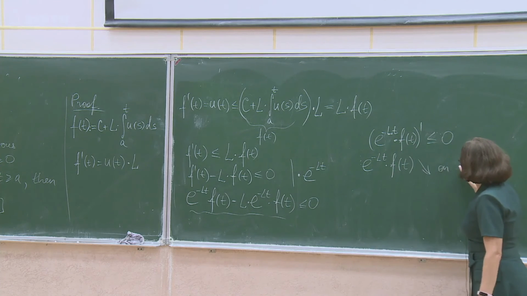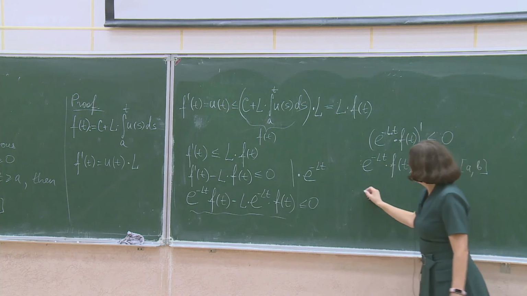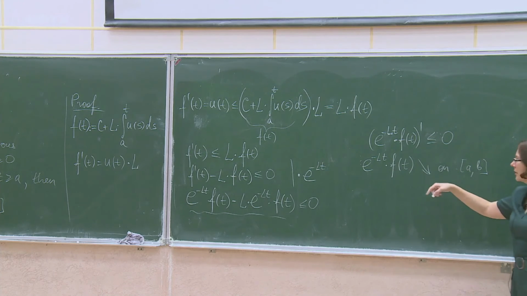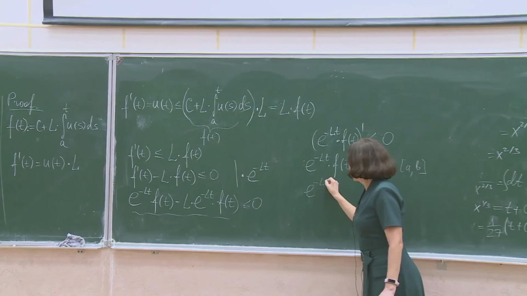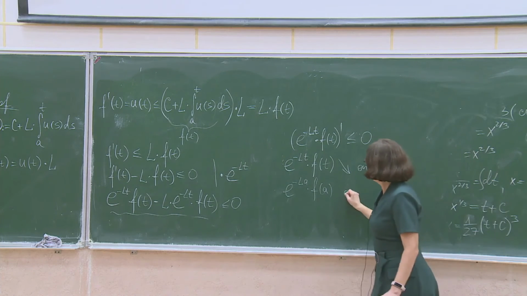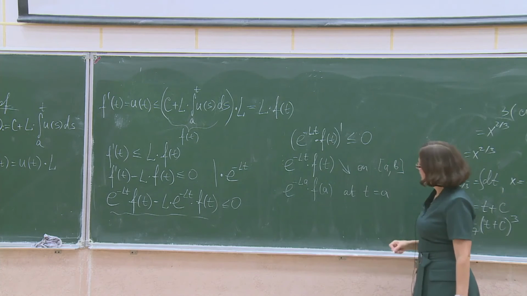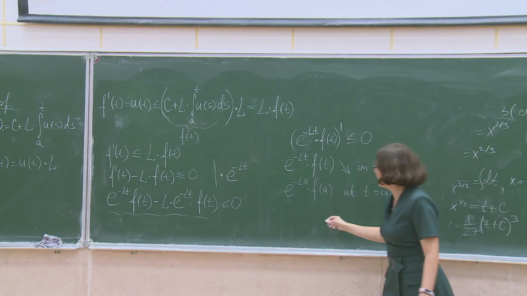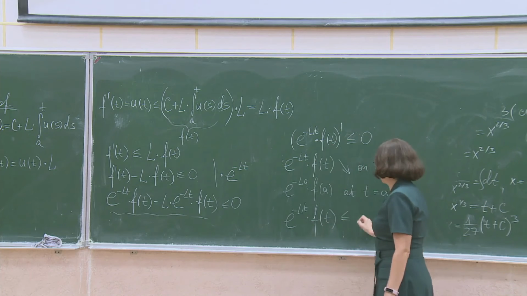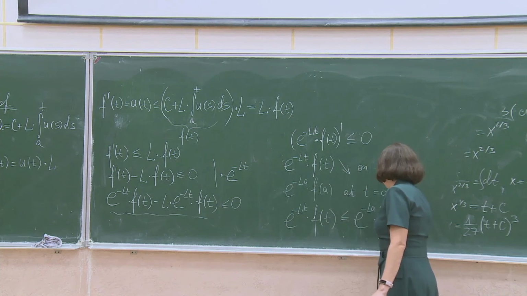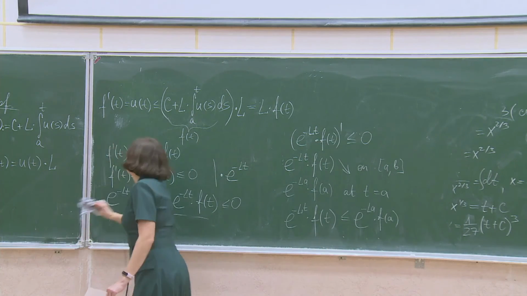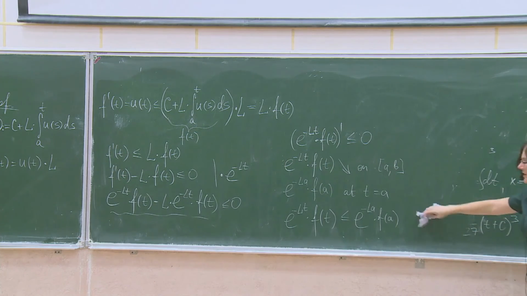So it is decreasing on AB, but we know that at the point A, it takes the value e to minus LA times f of A. And so since this function is decreasing, we have e to minus Lt times f of t is less than or equal to e to the power minus LA times f of A. Okay, is it clear? Do you agree?